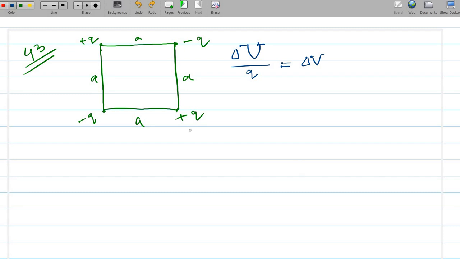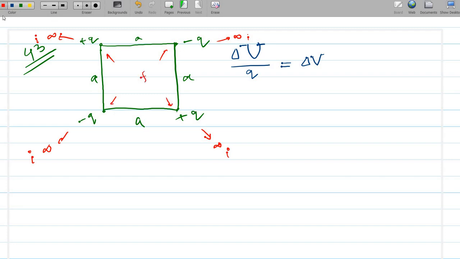Initially, these charges, let me use a different color, were all at infinity. That means they're infinitely far away, and then they have been brought in. So infinity was their initial position, and these are the final positions.